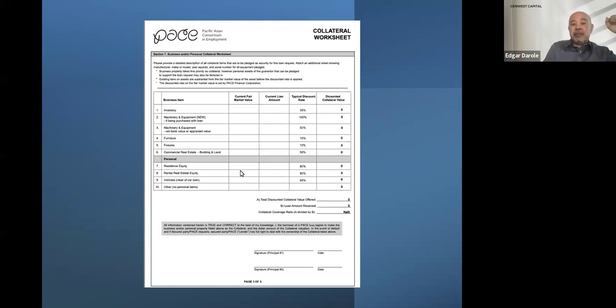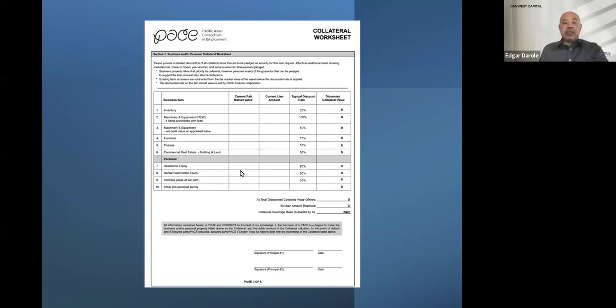For furniture, they can only consider 10% of that equity. For commercial real estate, building and land, with PACE they would consider 50%. Some other institutions may consider a higher rate, maybe up to 75%, but on this particular form, they would only want 50%.